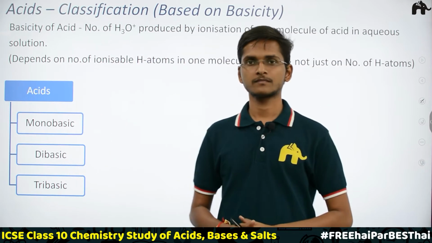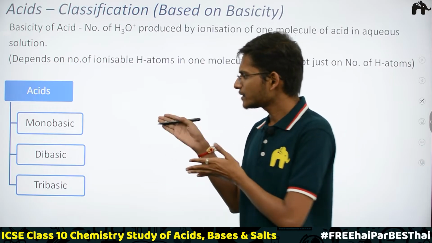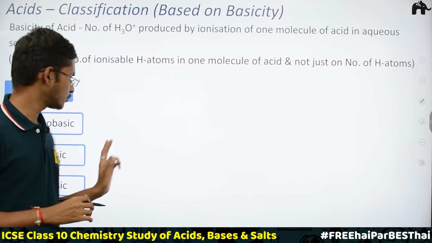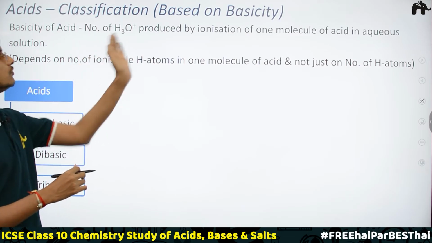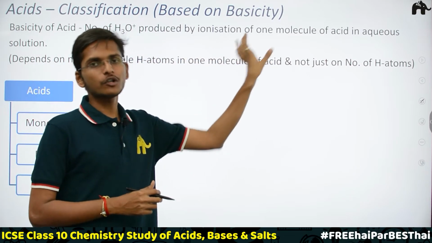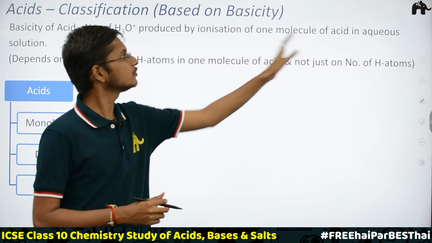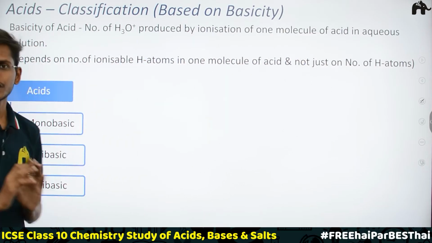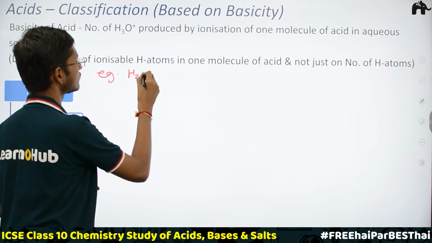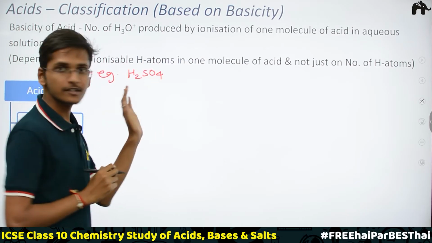Now let's see the examples of dibasic acids. We already know what a dibasic acid is. It has basicity 2, which means that it produces 2 hydronium ions by the ionization of one molecule in aqueous solution. Very clear. So examples are H2SO4, sulfuric acid, which we already know.